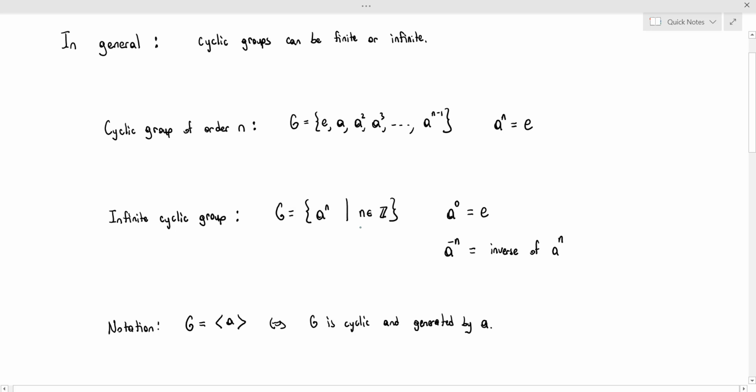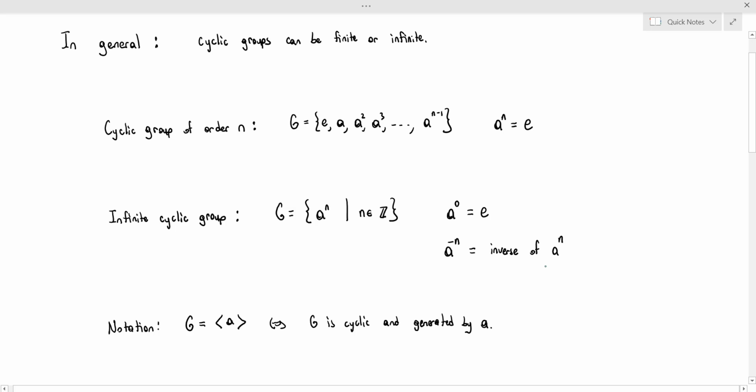So a couple of things to note about that: when n is 0, we consider A to the 0 to be the identity element, okay? And then the negative integers are there because we need to have inverses in a group. So A to the negative n would be representing the inverse of A to the n, okay?